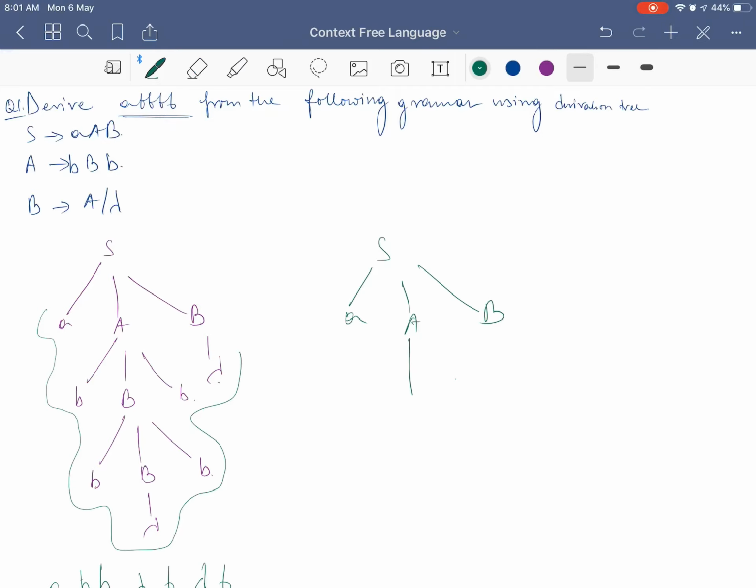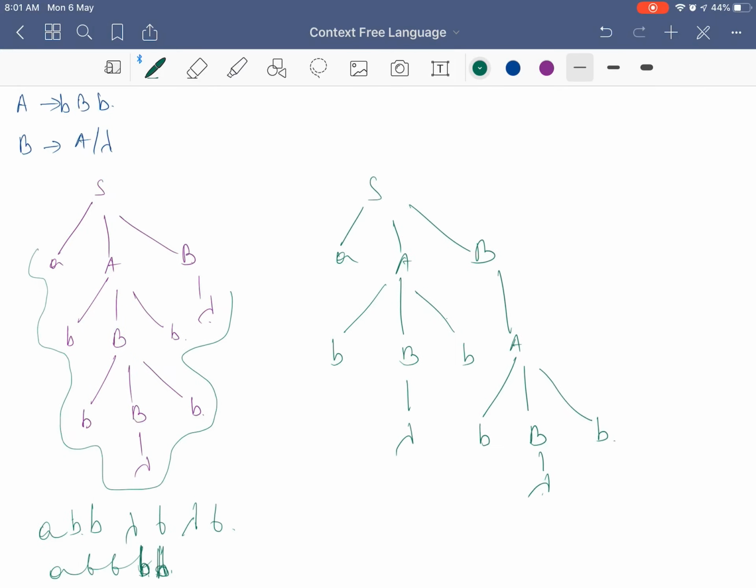Okay, fine. From this A I am doing B, capital B, and then small b. And this B is again A, and this A will again be replaced by B, capital B, then small b, and then this B will be lambda, this B will be lambda. So I got another derivation tree.